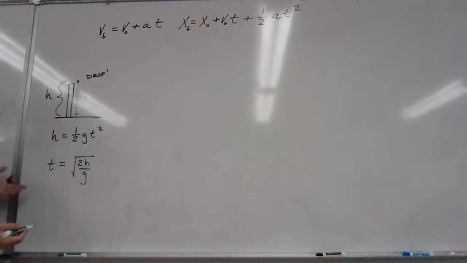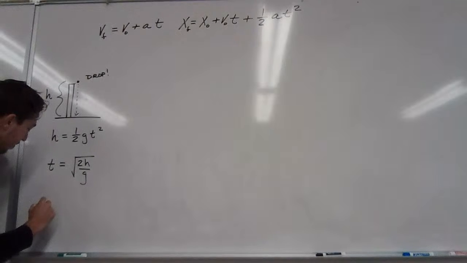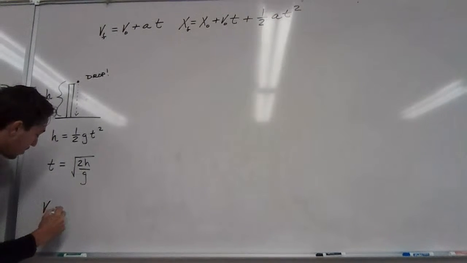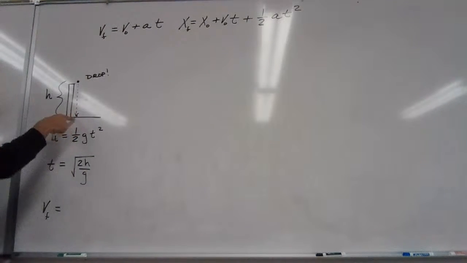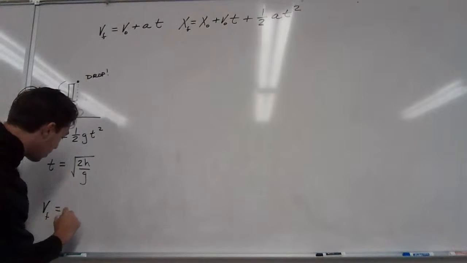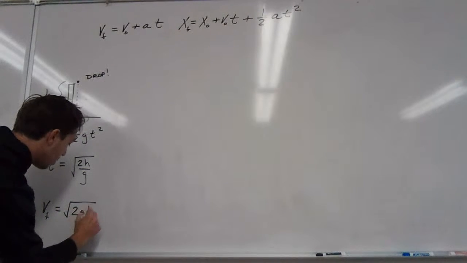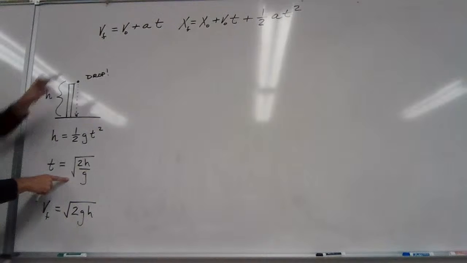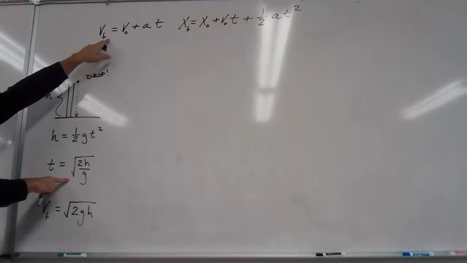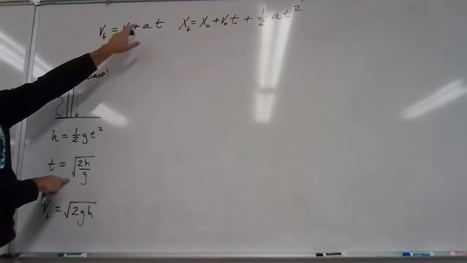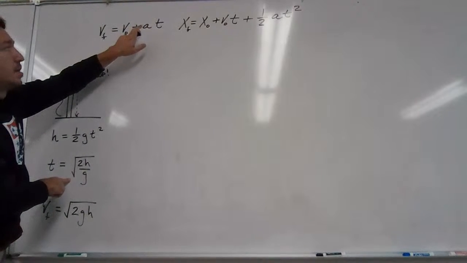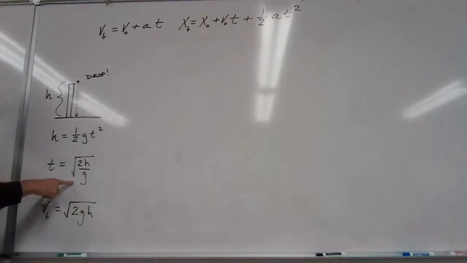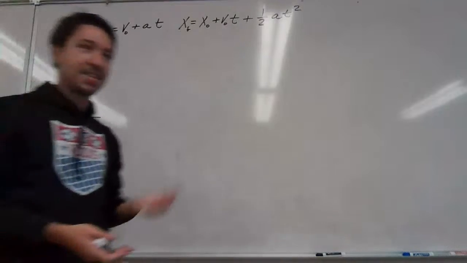And then we also figured out the final velocity, the velocity down here, by plugging this t into that equation. So this would be 0 plus g times t, replacing that with g and that with this expression, we got this answer here. So is everyone still cool with that? Does that all make sense? Okay. Tepid nods. That's how you know.